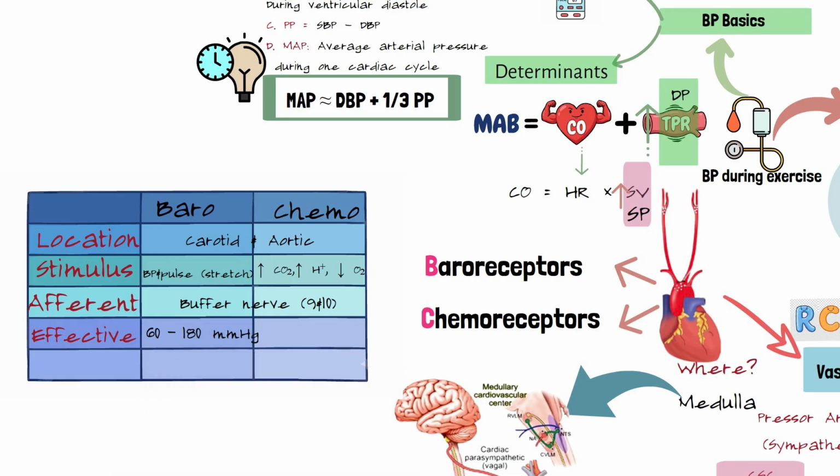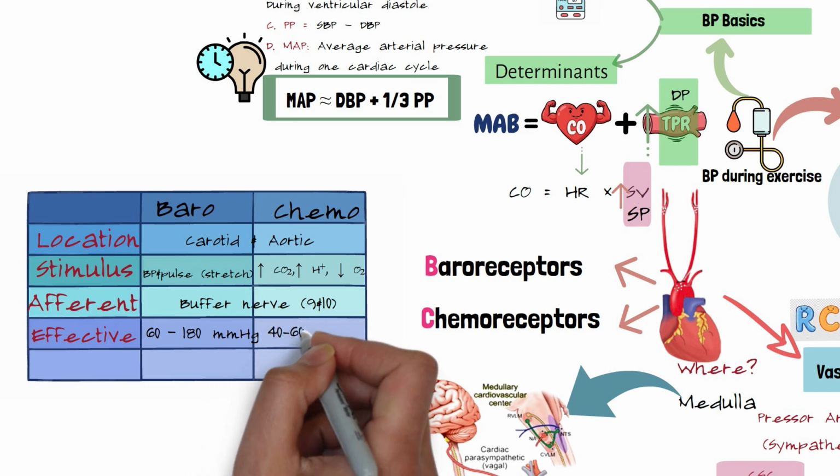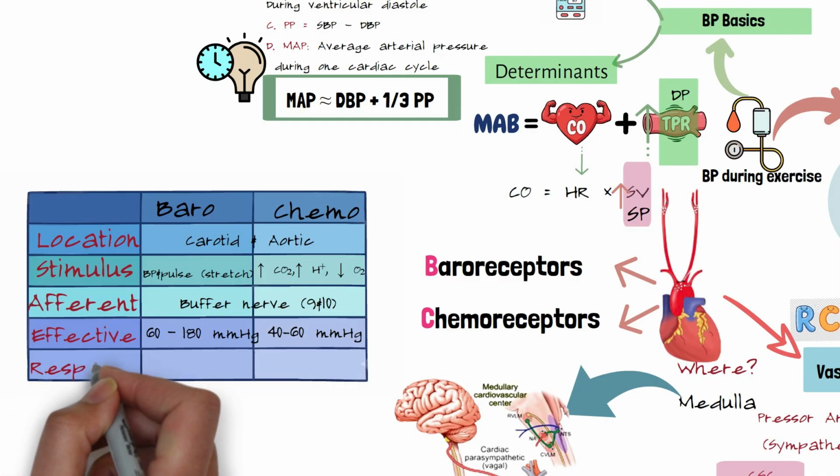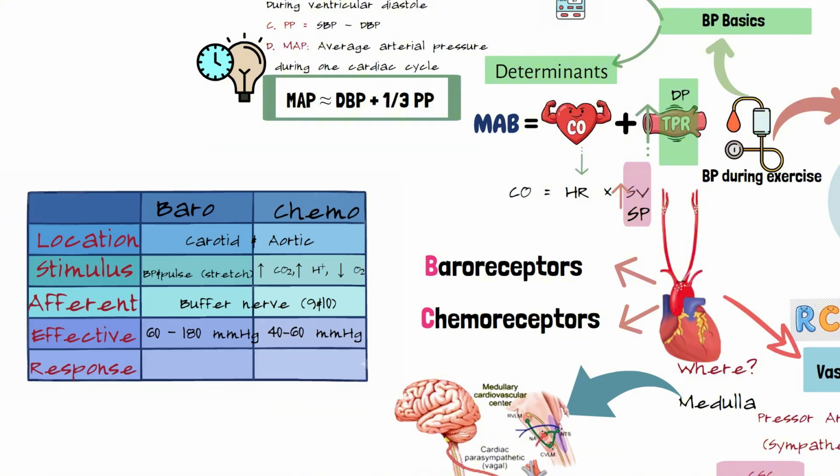So, how about the effective pressure range and response? The baroreceptor responds to changes in pressure between 60 and 180, while the chemoreceptor responds to pressures from 40 to 60 millimeters of mercury.